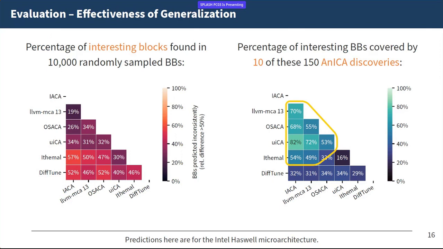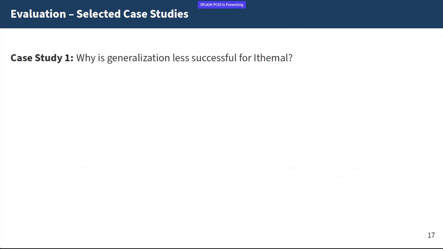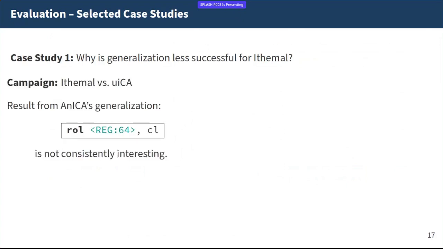So for a first case study, let's look into reasons for that. If we look into the Ithemal versus uiCA campaign, which was particularly bad on the previous slide, we can actually find quite a lot of abstract basic blocks that look like this one. They consist only of a single instruction abstraction, which is as narrow as possible, only allowing a single instruction scheme.